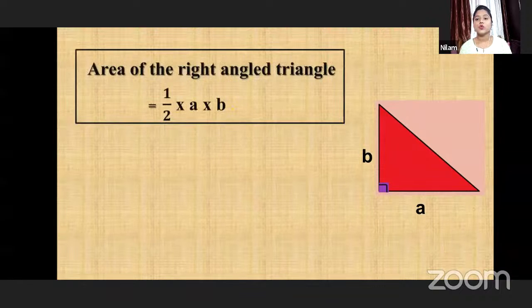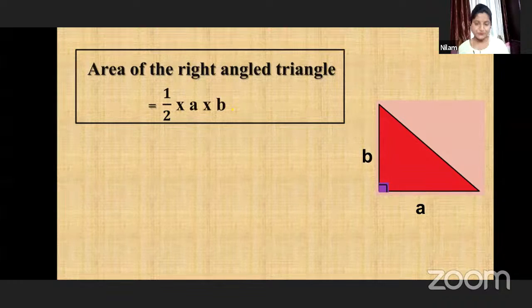The area of a right angled triangle equals half times A times B, because the formula that we got just now was half times base times height. If we give measurements to the same right angled triangle, the formula becomes half times A times B.